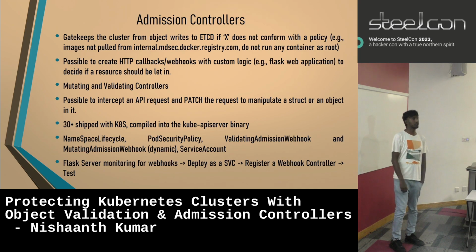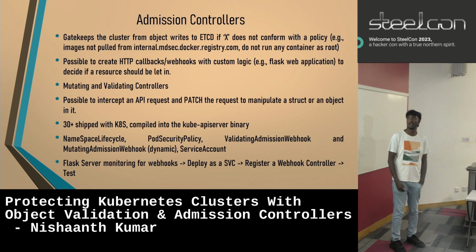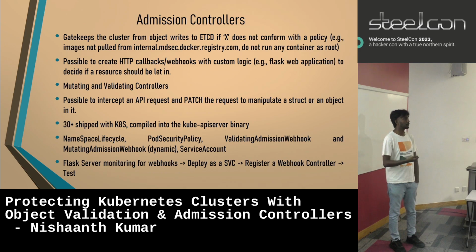Admission controllers are a type of resource, just like pods, deployments, config maps, secrets, and so on. It's a type of resource in Kubernetes. It basically keeps the cluster safe from objects which you don't want entering. By objects, I mean any resource. It can be a pod, a deployment, a secret or whatever.